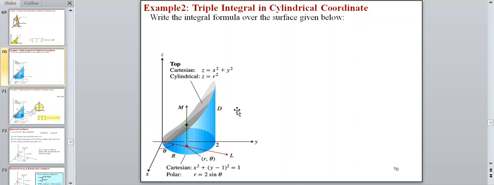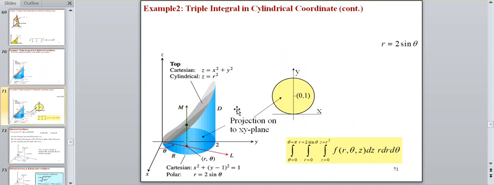Now, what about r and theta? Next, we have to get the projection of this region D onto the xy plane. The projection of region D onto the xy plane will be this circle, centered at (0, 1) of radius 1.